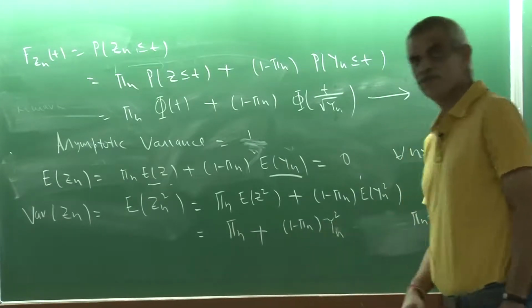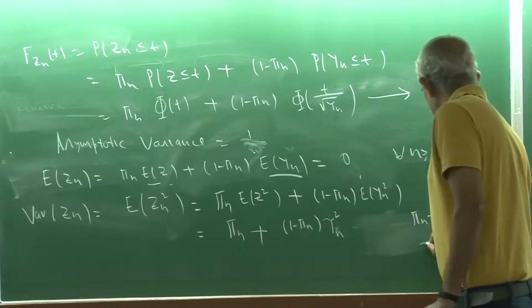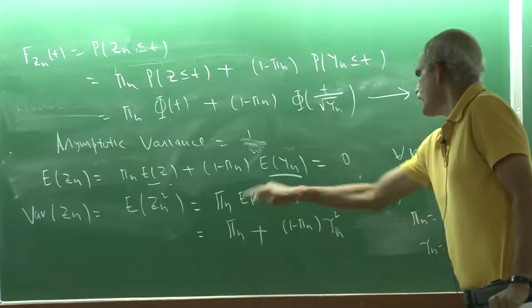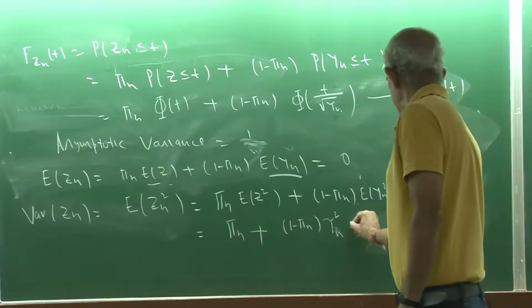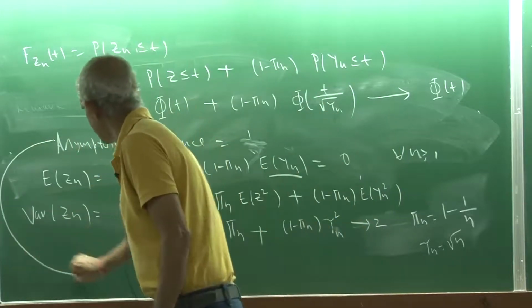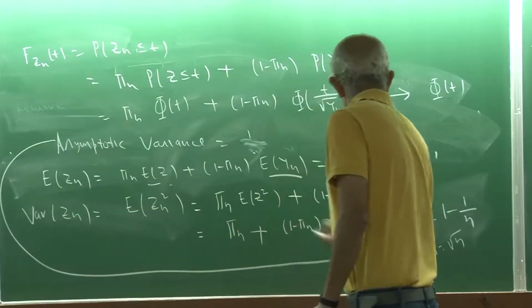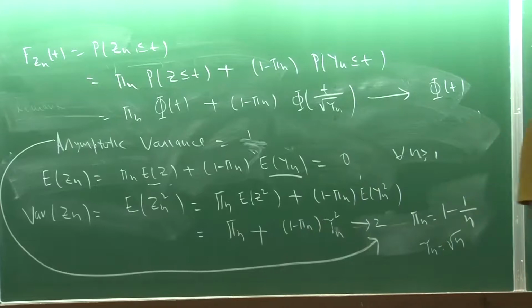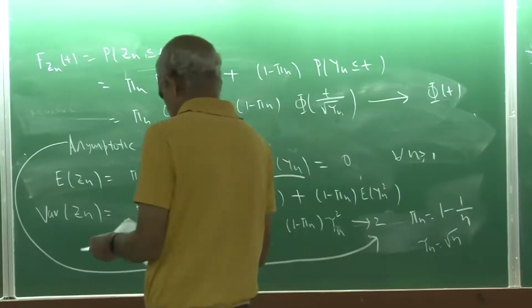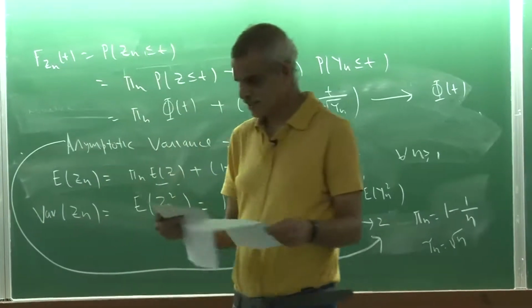So 1 minus pi n becomes 1 by n, and tau n I can take as root n. Then the product becomes 1, so the variance goes to 2, which is not the same as the asymptotic variance. So in general, the asymptotic variance may not be the same as the limiting risk.